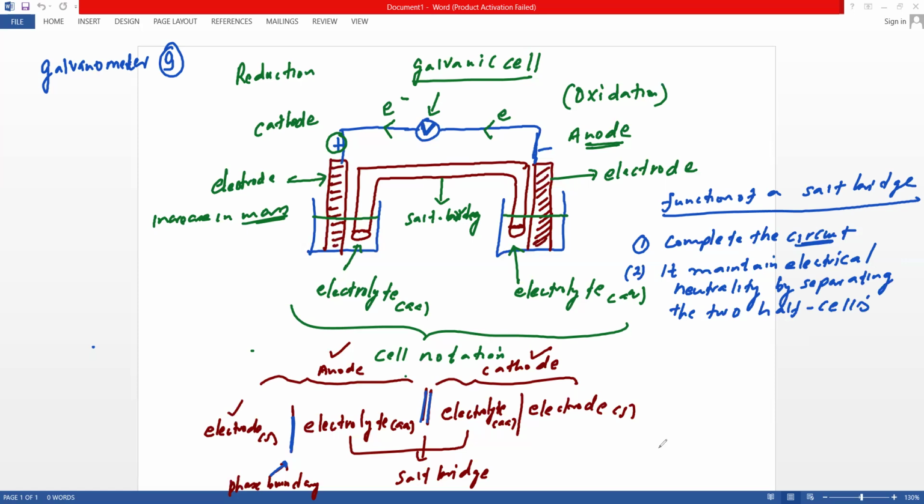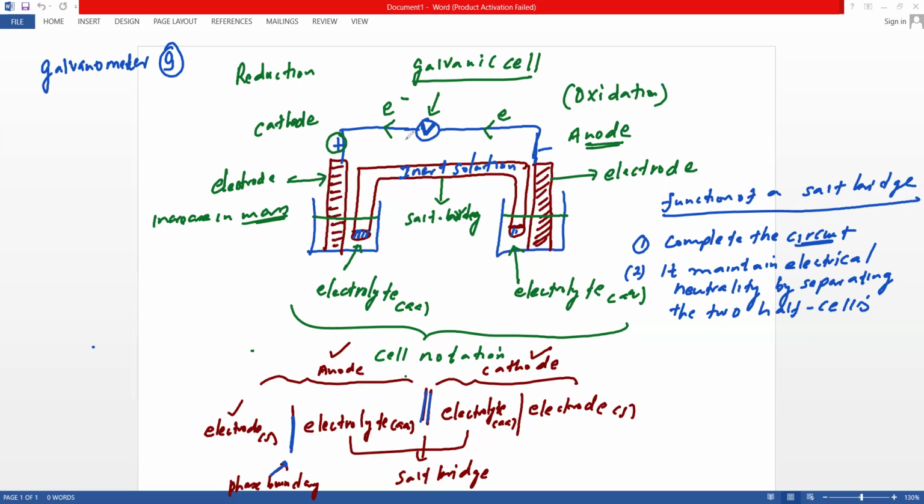So these are the functions of a salt bridge, ladies and gentlemen. And these are typical exam questions. I'll explain what this means. Usually in the salt bridge, they put an inert solution.